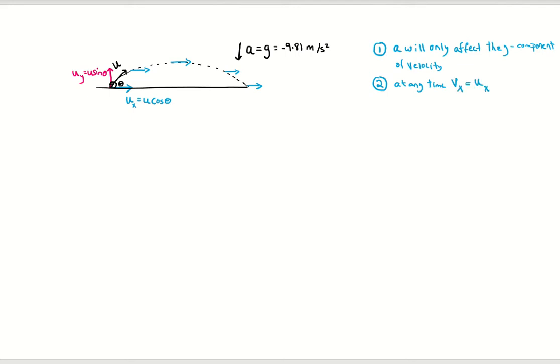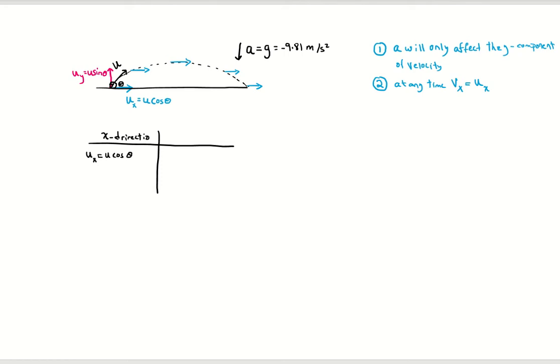So there's no acceleration in the x direction, which means that in the x direction, the equation that I'm going to be using to study the motion is this one. First of all, you need to know that the initial velocity in the x direction is u cosine theta.